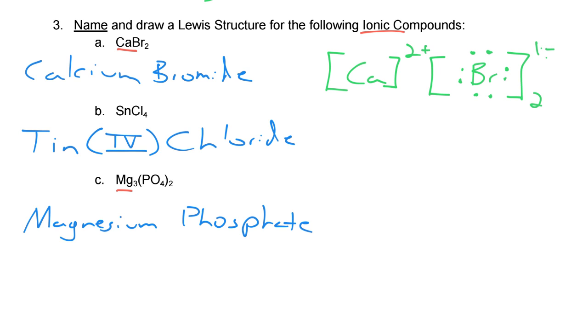All right, next up is our tin(IV) chloride. So the tin, Sn, has lost all 4 of its electrons, so it's got a 4+ charge. And then the chlorines each gained 1, so there'll have to be 4 of them, all with a -1 charge. And then we'll keep everything equitable there.